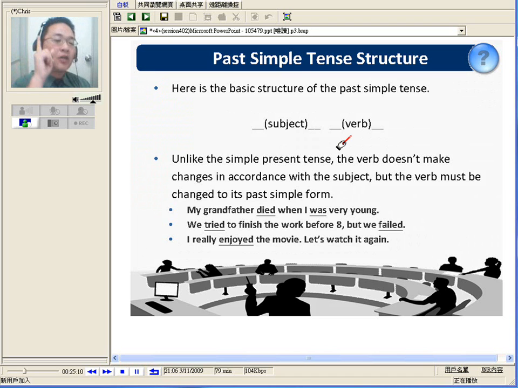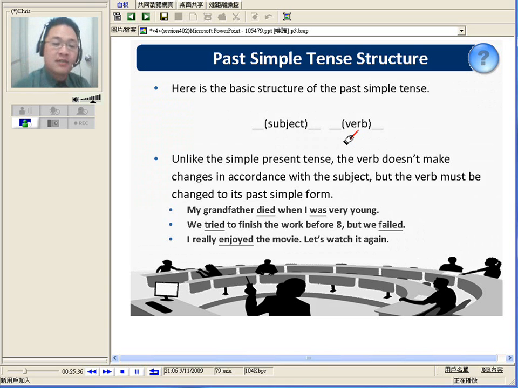The good thing about simple past tense is that the verb does not change according to the subject. Last time we said that if the subject is he, she, it, the verb needs an S. If the subject is you, we, they, or plural, the verb doesn't need an S.